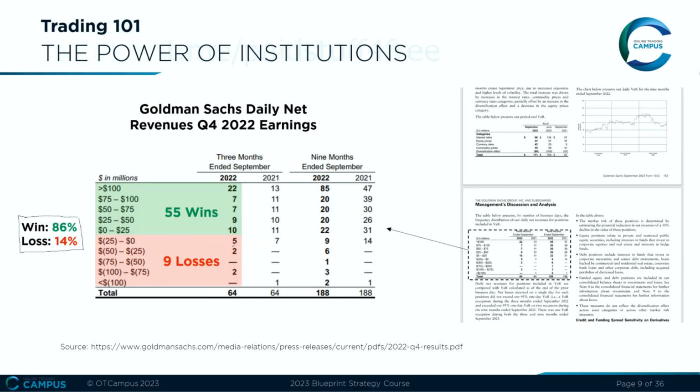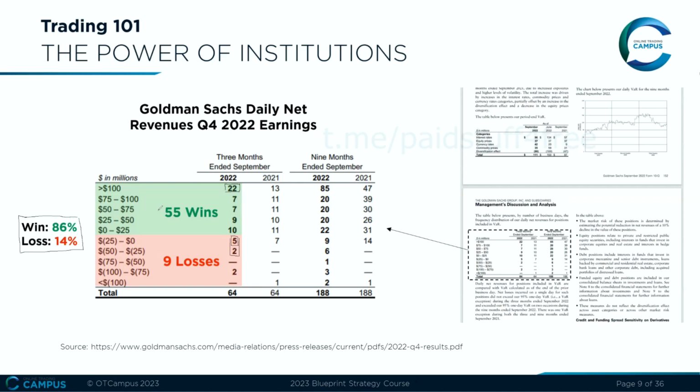And the losses that they took, they were only small on those days, right? Mostly small. The biggest number here is 5, and this is the smallest risk. And what they did in the last 3 months, ended September, is they optimized their profitability on risk to reward even more so, which is insane.